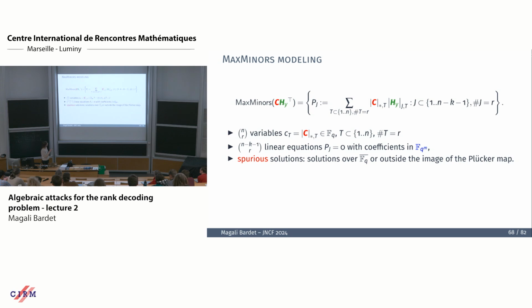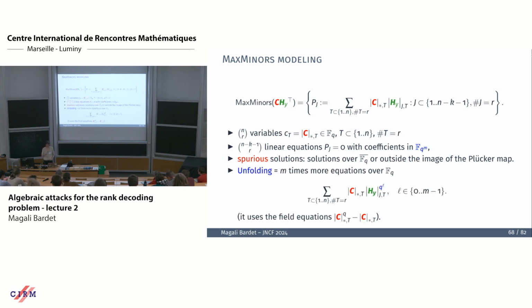For the first problem, it's quite easy to solve. I can just use the field equation. If I'm working over F16, it's not so easy, but there is a nice way of doing that, which is to unfold the linear equation system.